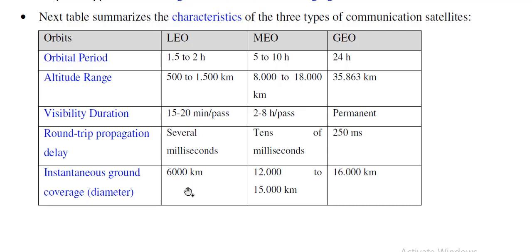For the LEO, since it is closer to Earth, it will cover a circle of 6,000 kilometers. The MEO is farther from Earth, so it will cover a larger area, between 12,000 and 15,000 kilometers. And for the GEO, because it is farther, it will be able to cover up to 16,000 kilometers.